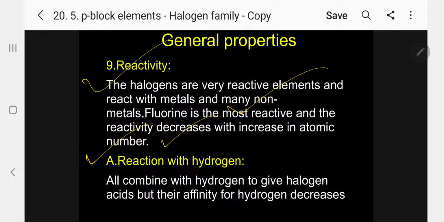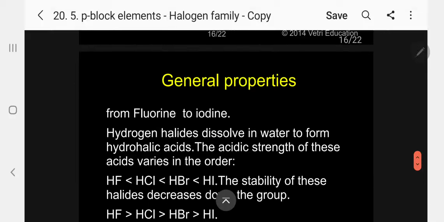Please follow. Non-metals all combine with hydrogen to give halogen acids, but their affinity for hydrogen decreases from fluorine to iodine. Hydrogen halides dissolve in water to form hydrohalic acids.